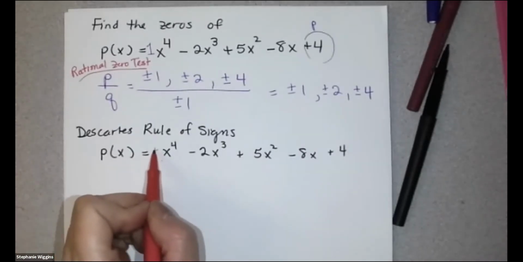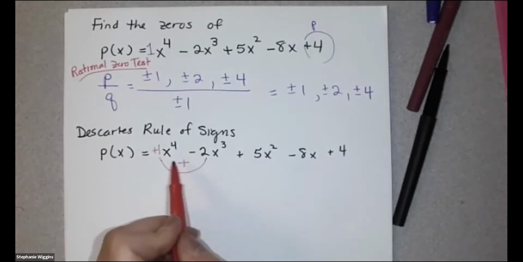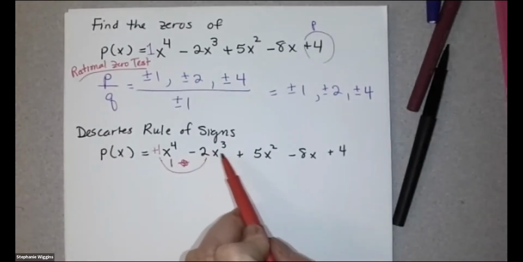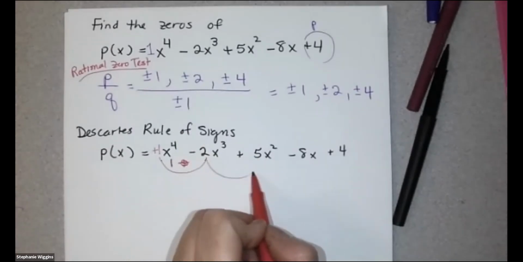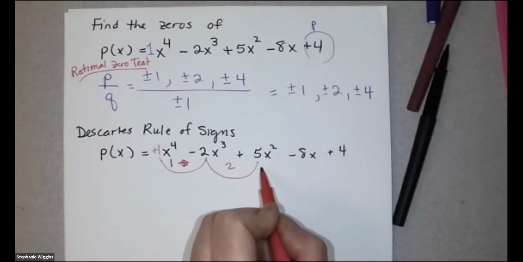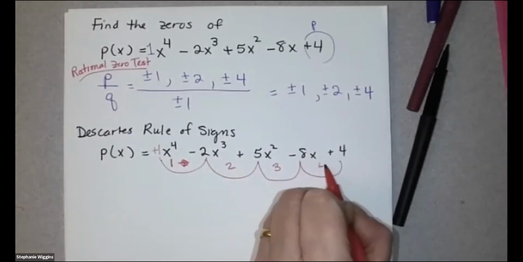This is positive 1, right? So positive to negative, that's 1. Negative 2 to positive 5, that's another sign change, so that's 2. Positive to negative, there's another sign change, that's 3. Negative to positive, there's another one, 4.